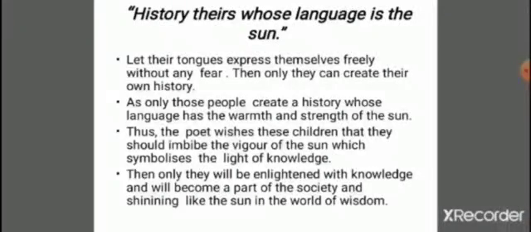Thus, the poet wishes these children that they should imbibe the vigor of the sun, which symbolizes the light of knowledge. Then only they will be enlightened with knowledge and will become a part of the society and will be shining like the sun in the world of wisdom.